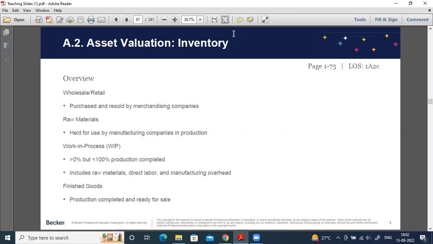Now let me take an example for this. A laptop manufacturing company is there. Now in that case they purchased some components, but it is not yet fully converted, the semi-finished stage.